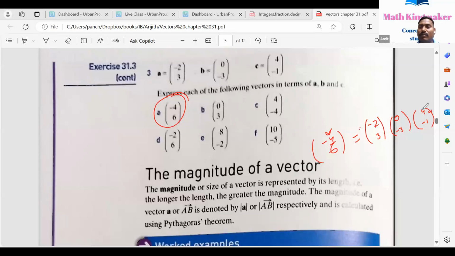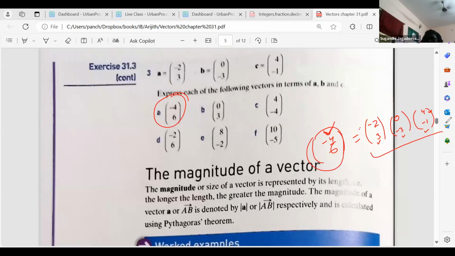So -8 plus 4 will be -4. Now this you have multiplied by 4, so it becomes 12. So 12 minus 3 is 9. 9 minus 1 is 8. So this combination doesn't suit it. So you have to make a combination so that it is represented in A, B, and C vectors. I think it's a no way question.